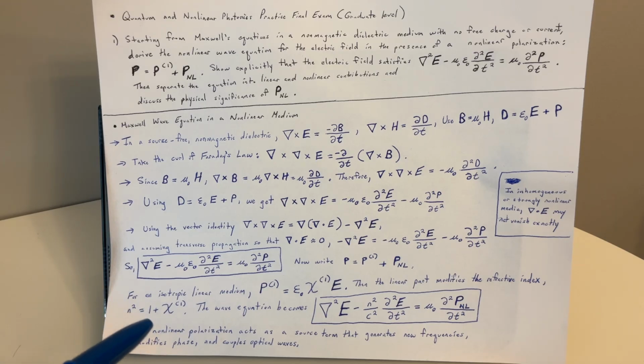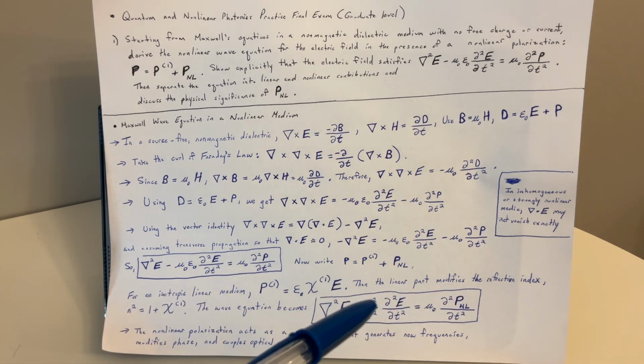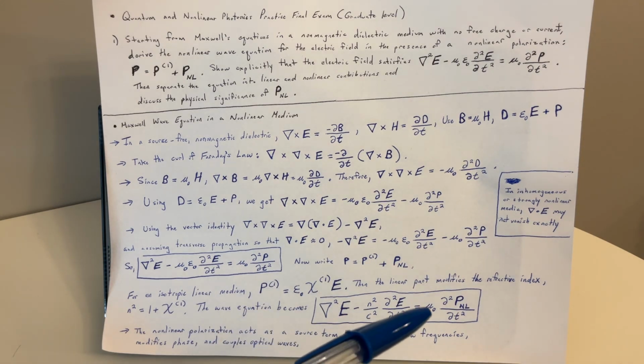The n squared equals 1 plus chi first order. The wave equation becomes the following: del squared E minus n squared over c squared, second partial of E with respect to t equals mu naught second partial of P sub NL with respect to t.